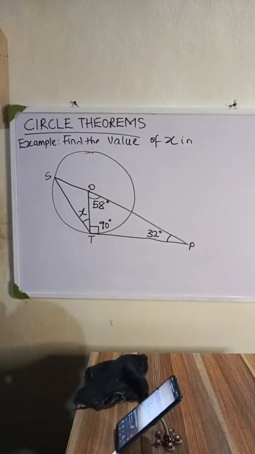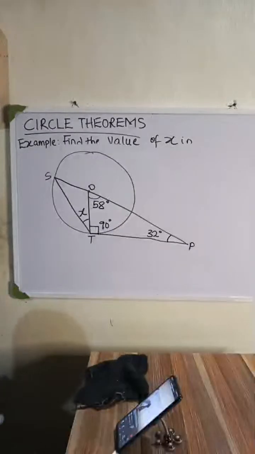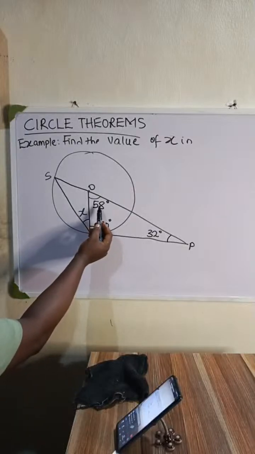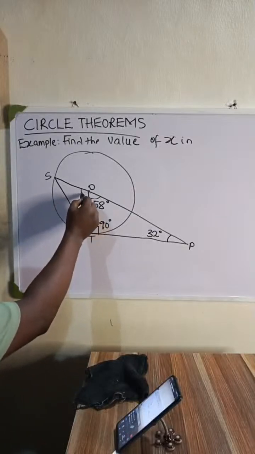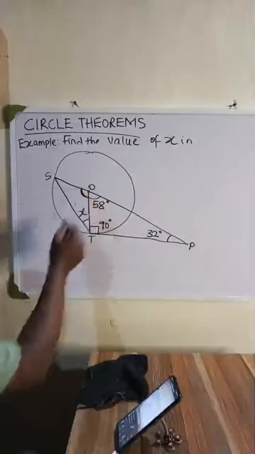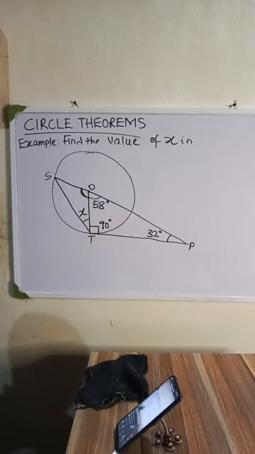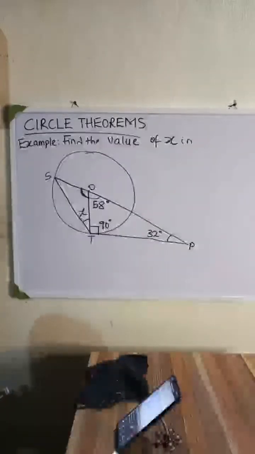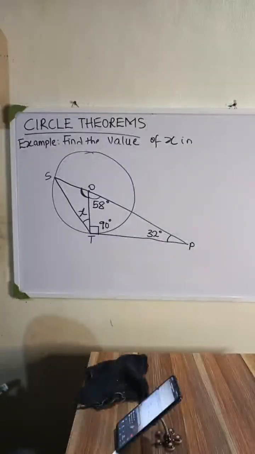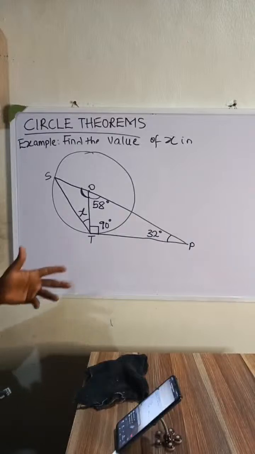Okay. So using sum of angles on a straight line, if here is 58 degrees, here will be 180 minus 58 degrees, because of the sum of angles on a straight line. That's why we needed to learn about sum of angles on a straight line and sum of angles in a triangle, because that knowledge forms a foundation for further topics.